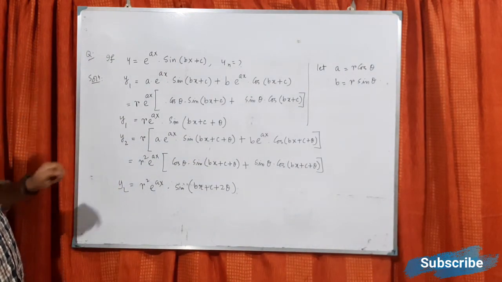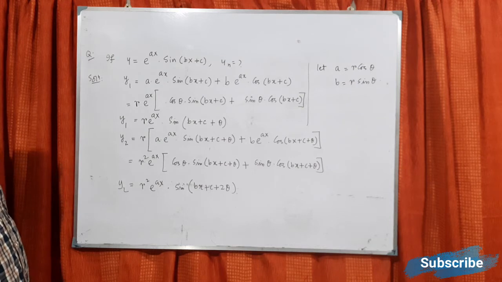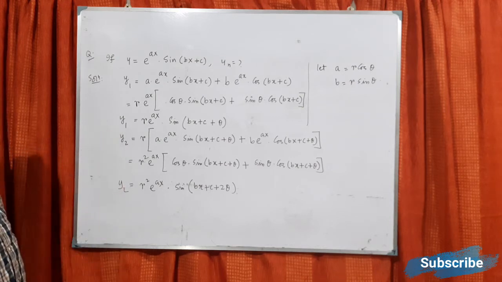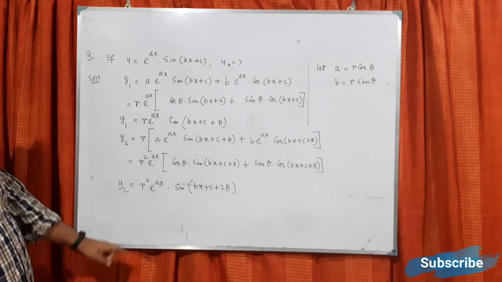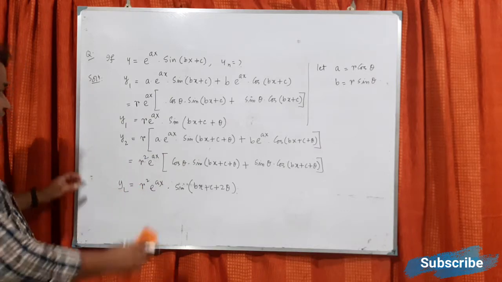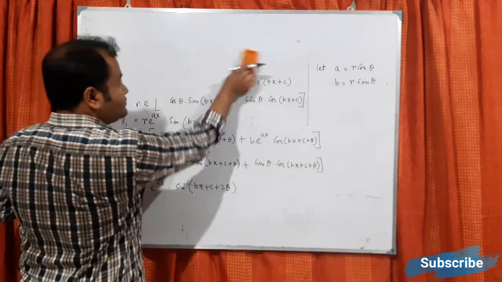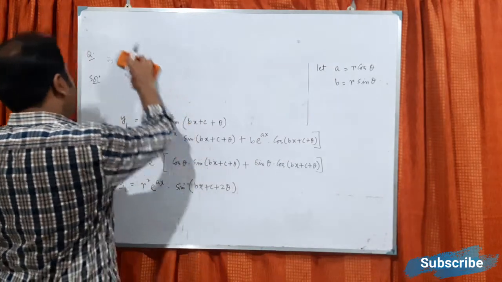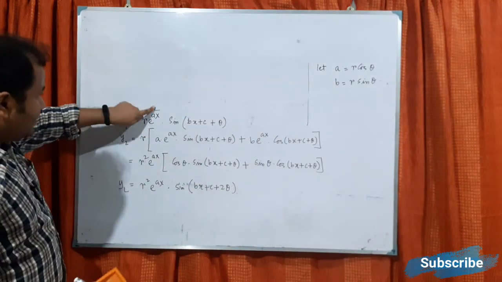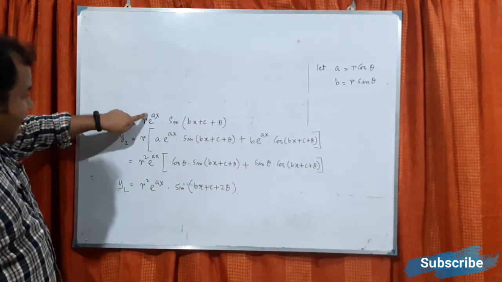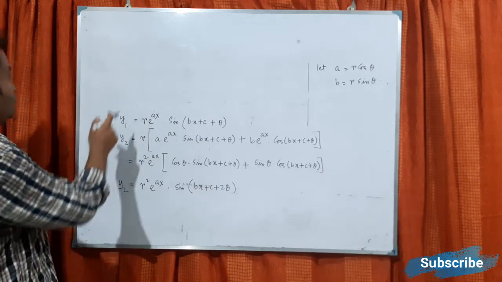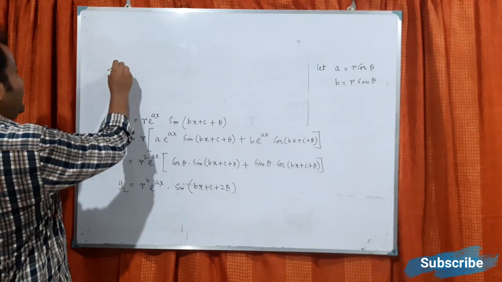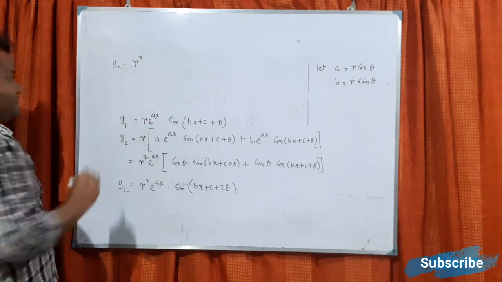So now look into this y1 and y2. What we have done? We did the derivative, we put this substitution, so we get a compact form. Now look into the pattern. If y1 has r power 1, y2 has r power 2, so yn should be r power n.